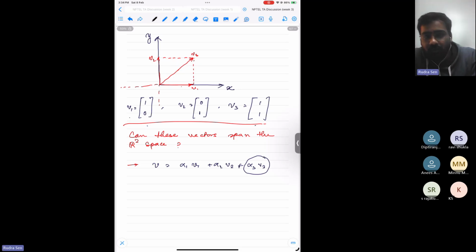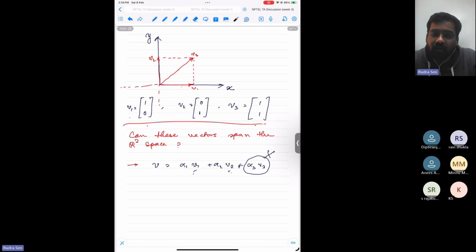The answer is no, because we have V1 and V2, and by using these two vectors we can span the whole space. This V3 is not necessary. That means this vector is extra. Similarly, if we do not choose V1, V2 and V3 are sufficient to span the space.